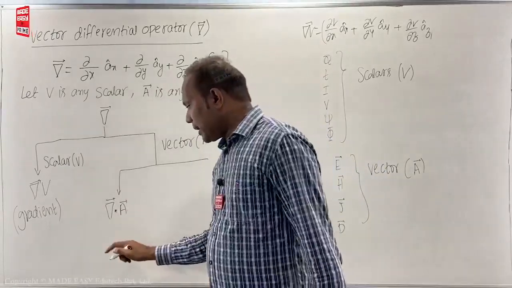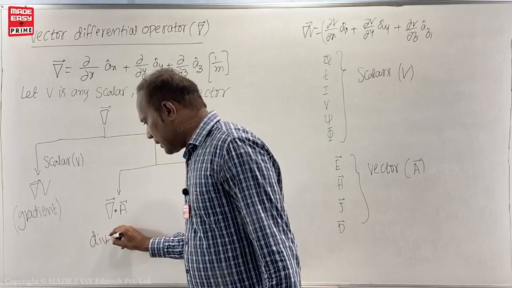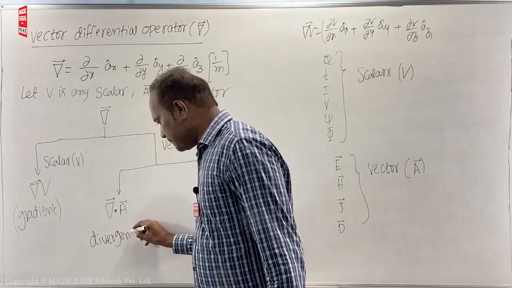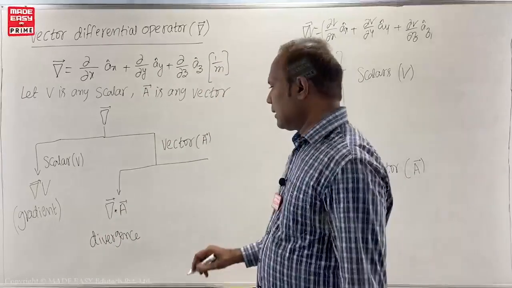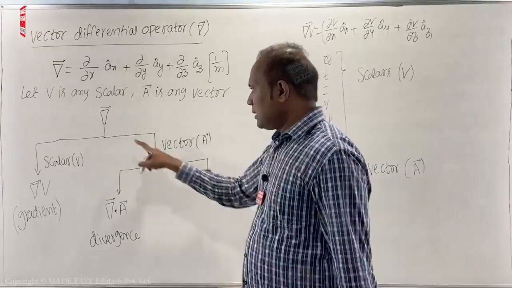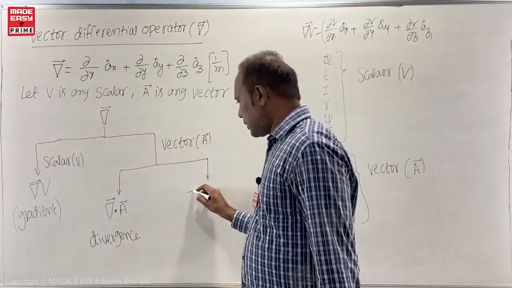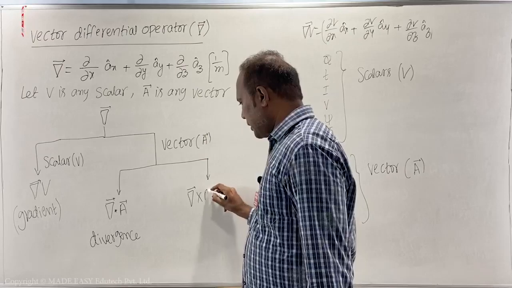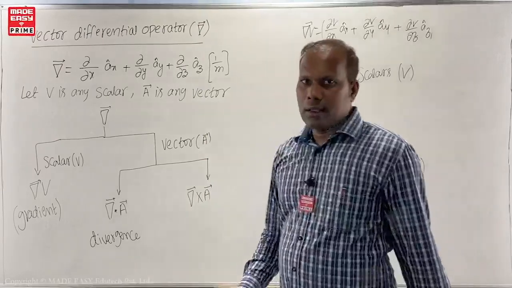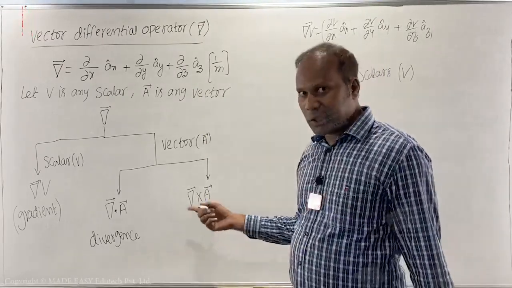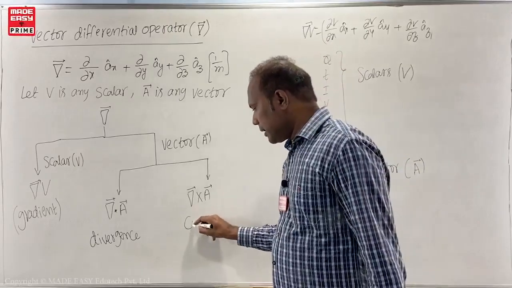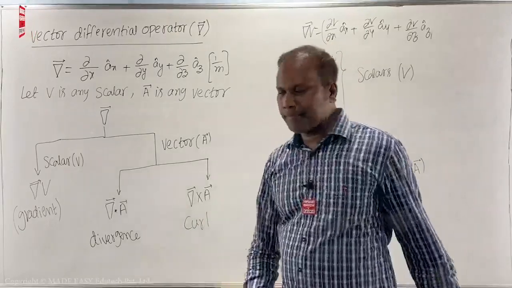So this operation is named divergence. Now this is a vector and this is a vector. You can take the cross operation also. Now this gives a vector, so this is named the curl operation.